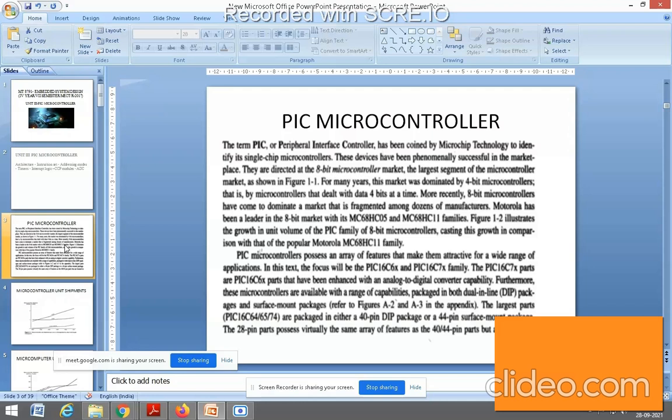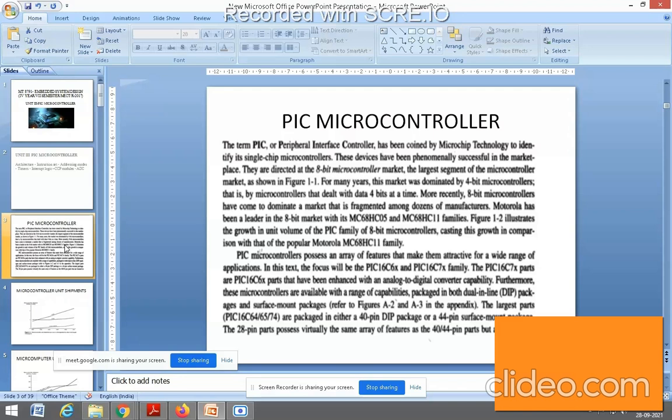PIC microcontrollers possess an array of features that make them attractive for a wide range of applications. Here we are going to focus only on the PIC 16C6X and C7X family. Only this family we are going to see in our chapter.